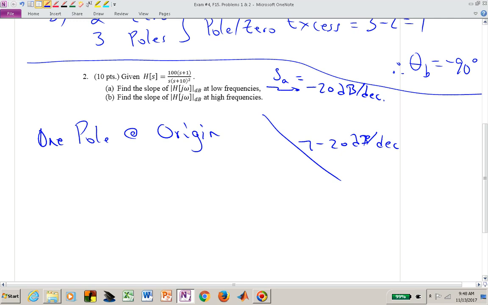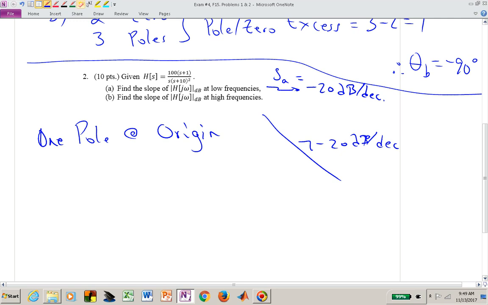If we did not have any poles or zeros at the origin, then at low frequencies, a decade before any of the poles or zeros even break, we would be at 0 dB flat, and it wouldn't be sloping, meaning the slope at low frequencies could be 0 dB per decade.